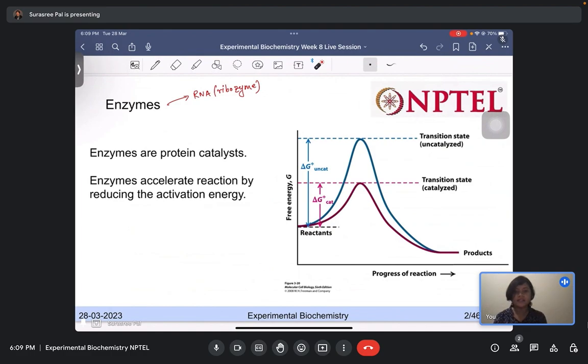That is why, when substrate is converted to product, there is a change in free energy, which is delta G, and this delta G is usually negative for spontaneous reactions.